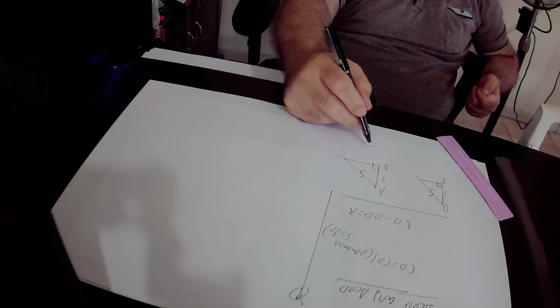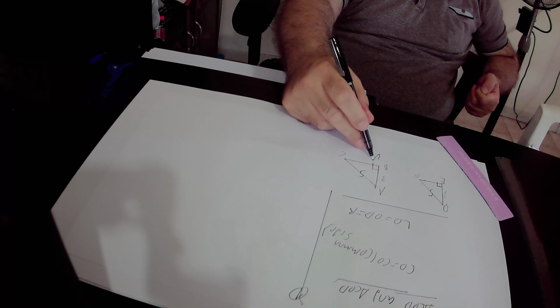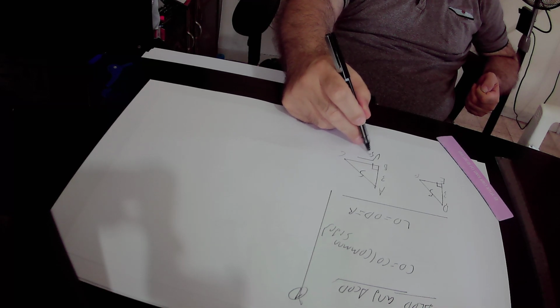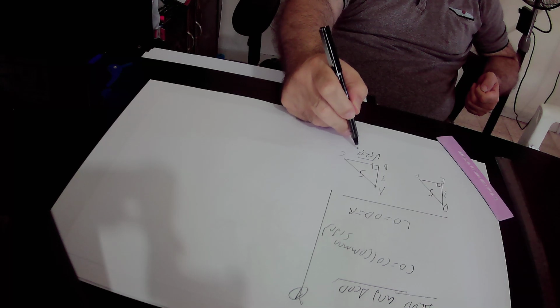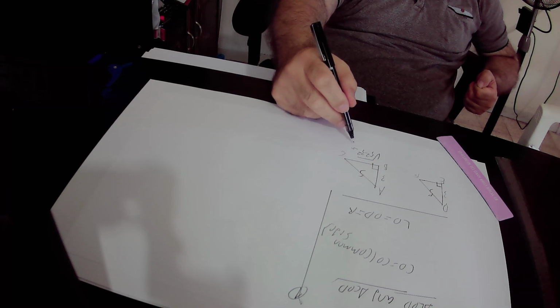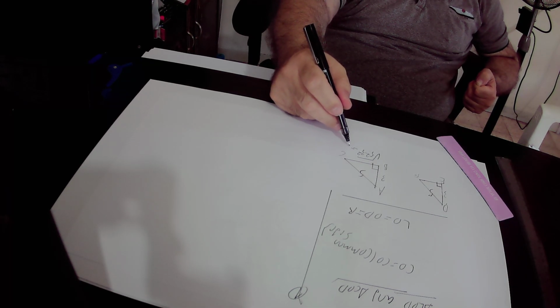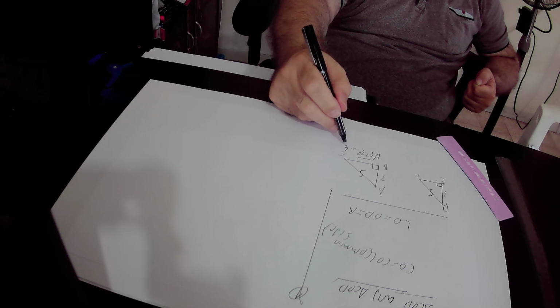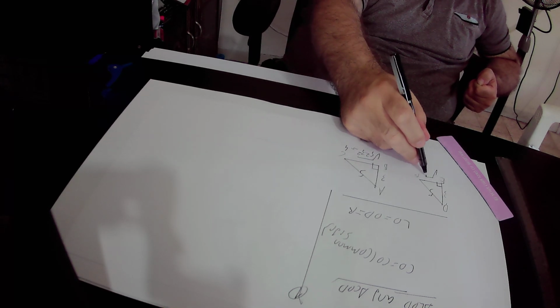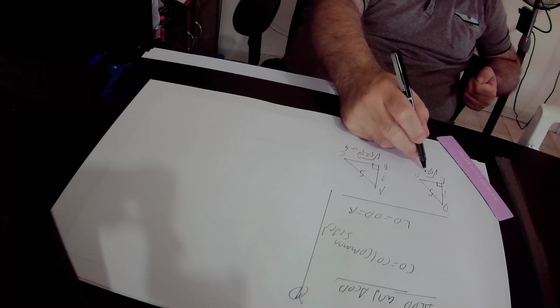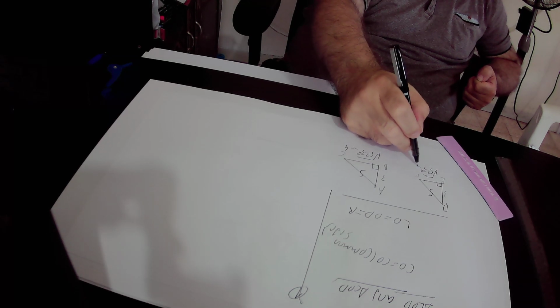The value of the third side will be equal to the square root of 5 squared minus 3 squared. 5 squared minus 3 squared is 25 minus 9, which is 16. The square root of 16 is 4.